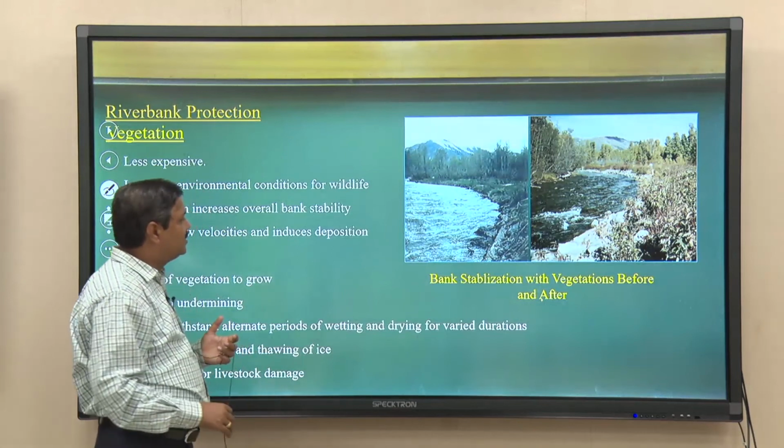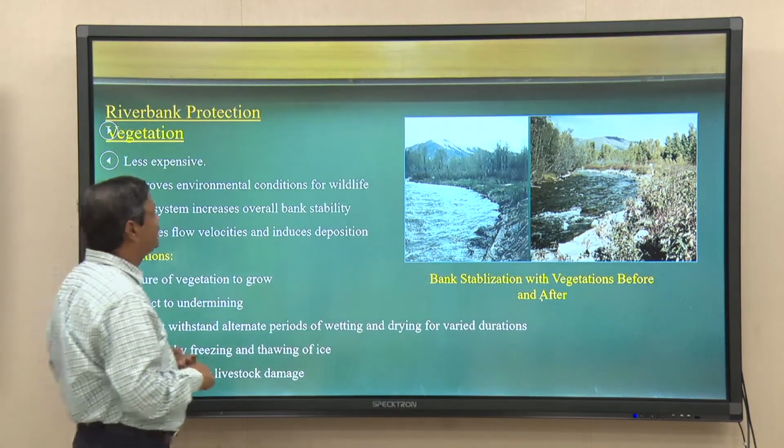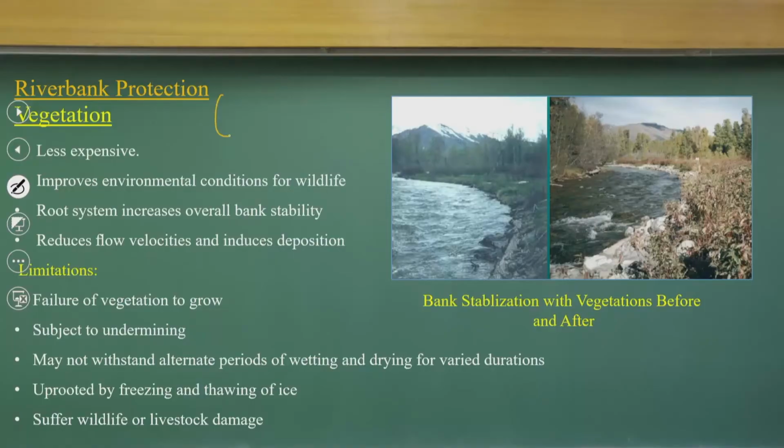This is the concept many people worldwide are talking about: river health. The basic idea is to bring the river as close to natural conditions as possible, that means you can protect rivers with natural vegetation.